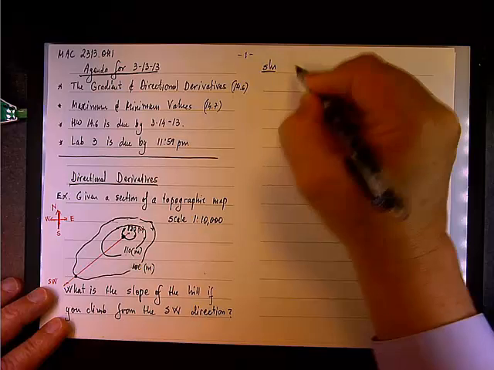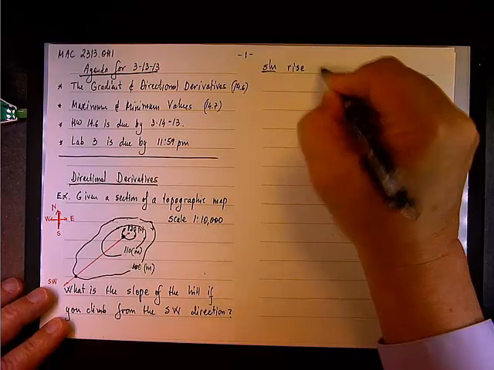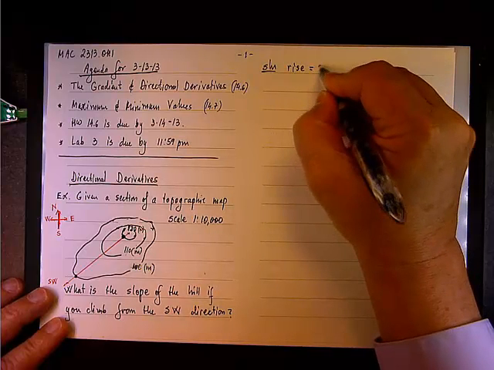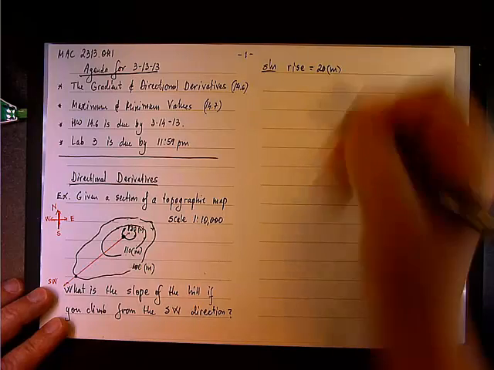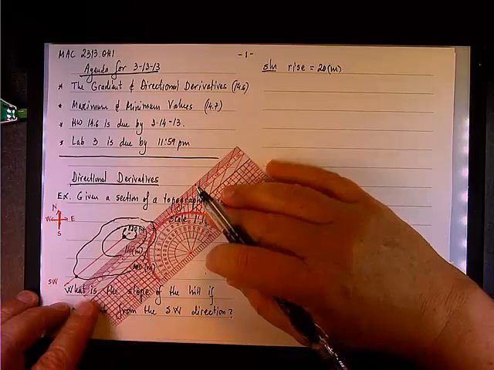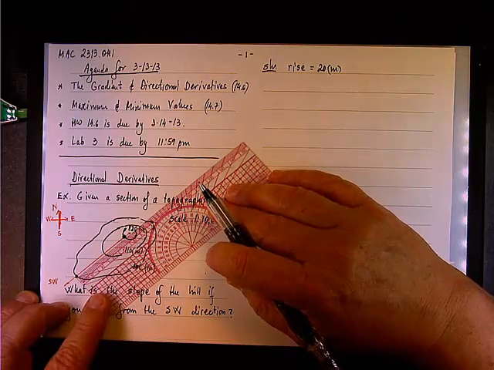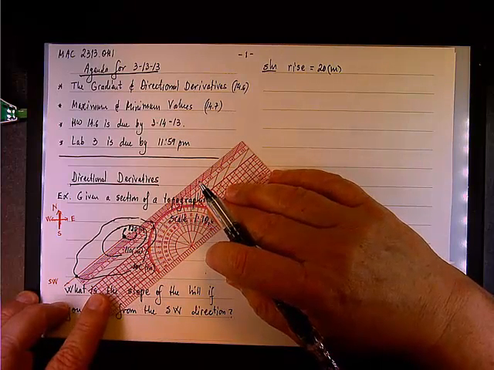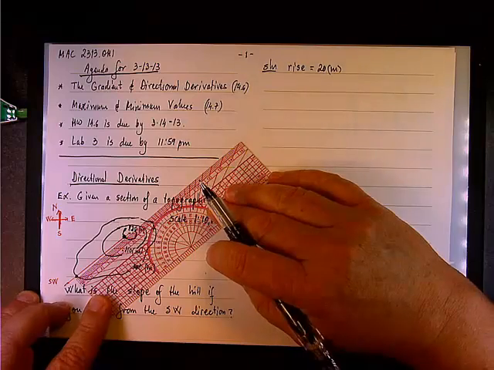Okay, so the rise equals 20 meters. So what is the run? The run is simply the distance we need to measure from the beginning to the end in millimeters, and you can see it's about 45 millimeters.